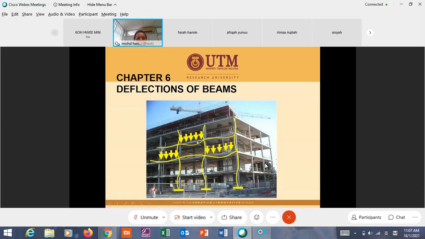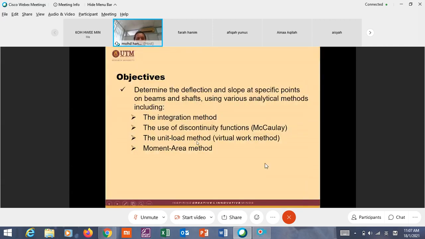Then we have to enlarge the beam, change the beam, or reduce the loading, or maybe change the structural arrangement. That's why we have to learn how to calculate the deflection of beam.